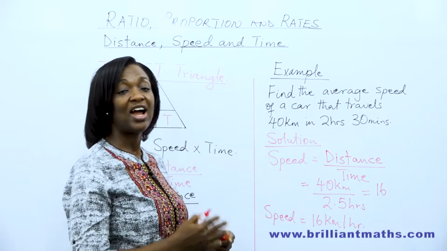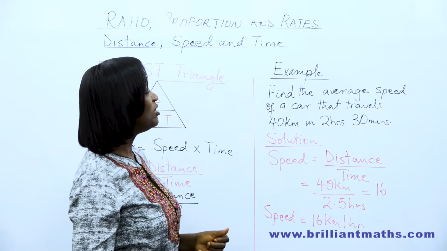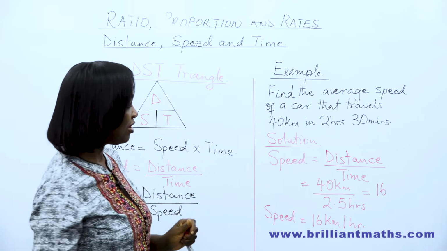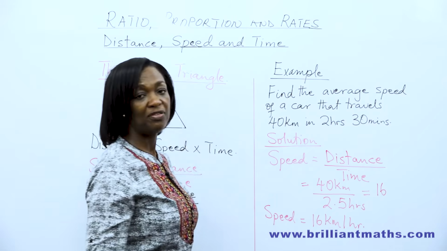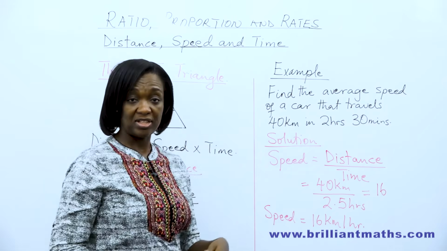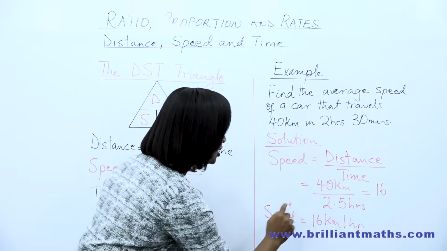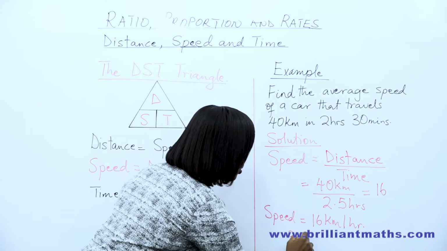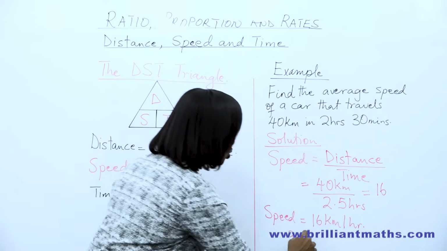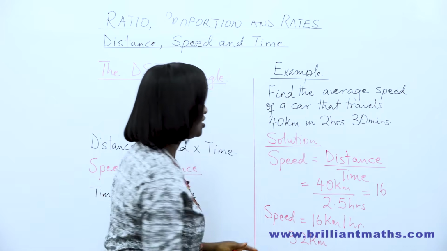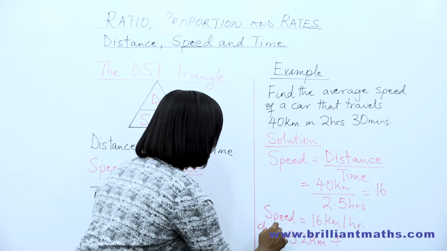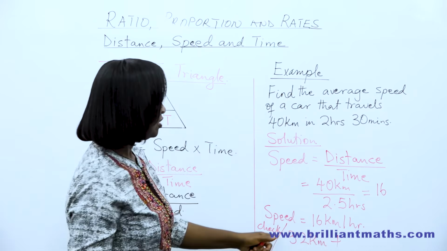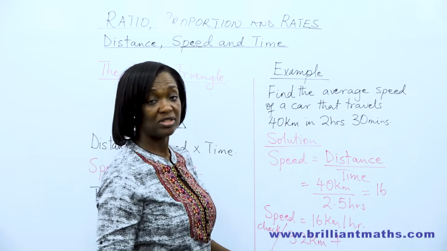So that means that the car travels 16 kilometers every hour. So let's try to check that. If it travels 16 kilometers the first hour, plus another 16 kilometers the second hour, 16 plus 16 is 32. So in 2 hours, it travels 32 kilometers.